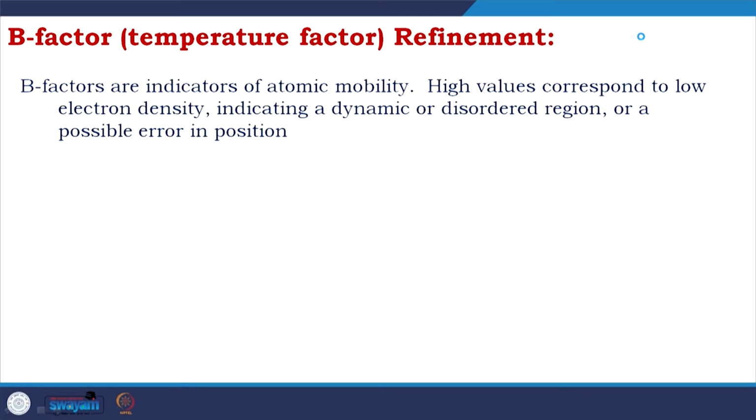Coming to B factor or temperature factor refinement, B factors are indicators of atomic mobility. High values correspond to low electron density, indicating a dynamic or disordered region or a possible error in position. Now, in macromolecular or protein crystallography, you are dealing with a lot of things.